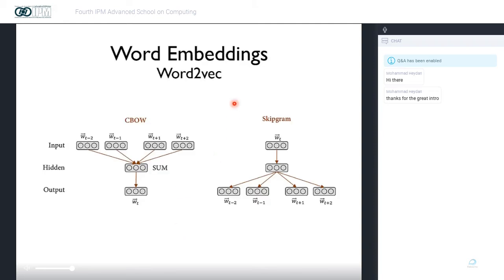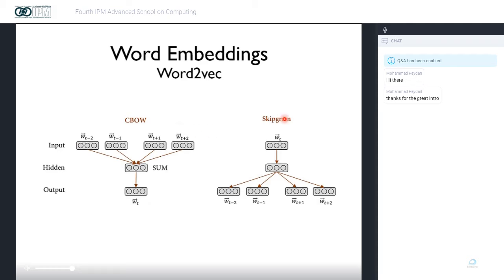You have probably heard of Word2vec. This is one of the most famous sorts of embeddings we had in 2013, and it kind of revolutionized the field of semantic representation. It's two very simple neural networks, two different algorithms called continuous bag of words and skipgram. The idea is very simple. You have an input sentence in which the target word, WT, is missing, and you're trying to guess that target word based on the context.